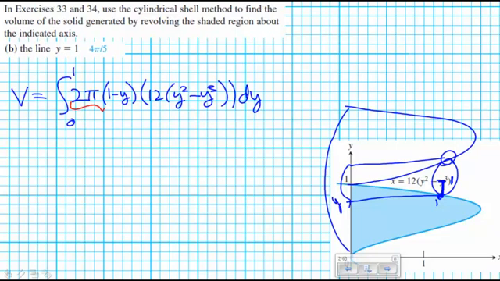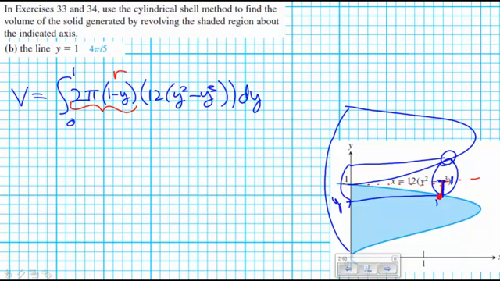The cylinder gets unwrapped, but this distance is the circumference of that cylinder. Okay? This part is the radius of that cylinder. So here's the line around which I'm rotating. So this is the center of any of those cylinders, and I go down to the curve.